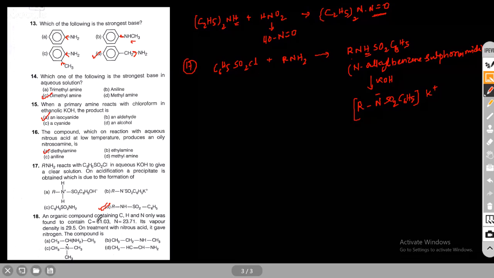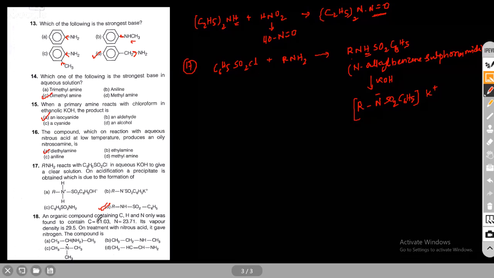The molecular formula is different in this question. A will have a different molecular formula and D will have a different molecular formula. Correct? And vapor density is given. Since vapor density is given, we know the molecular mass.